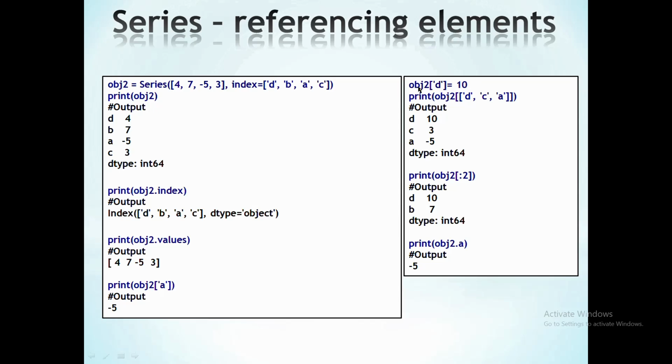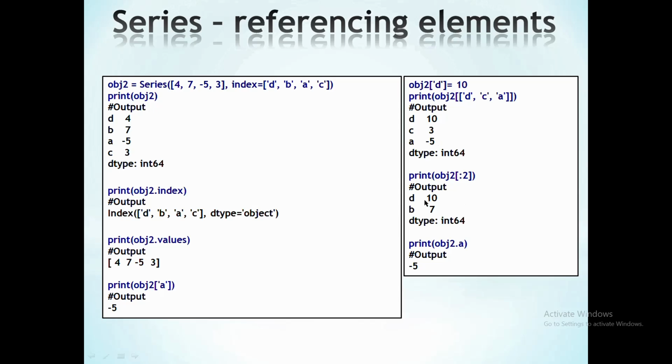So for object 2, the index we refer to with a square bracket, and the value is defined using the assignment operator. Then when we print object 2, the value of D will be changed from 4 to 10.